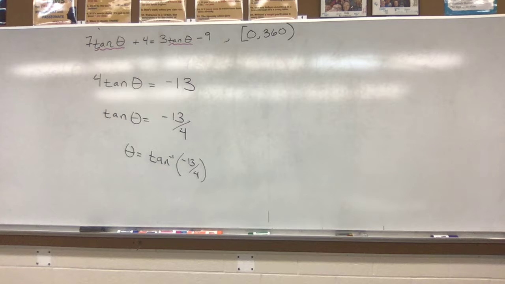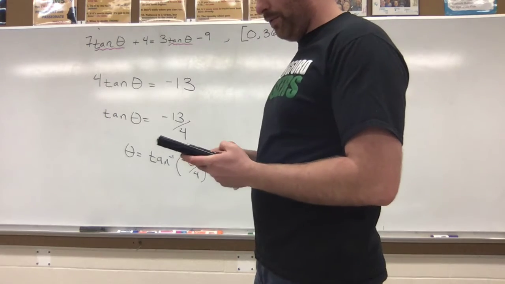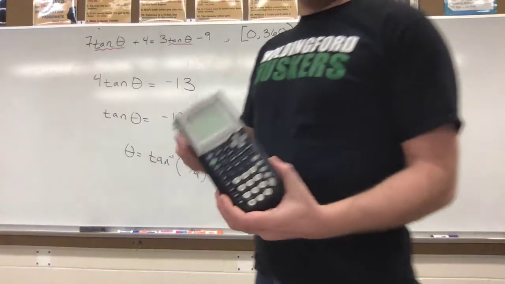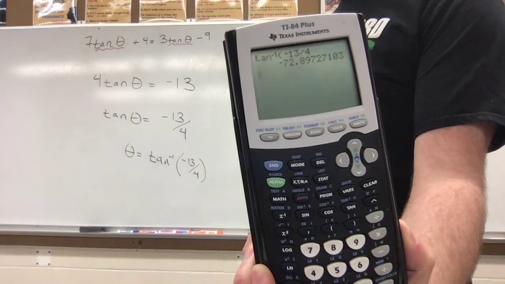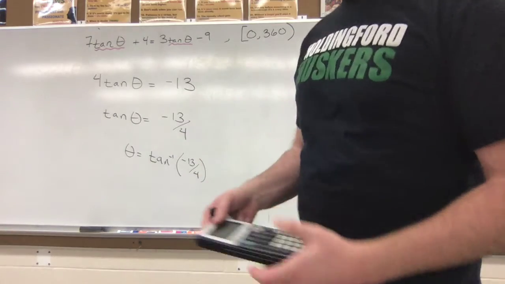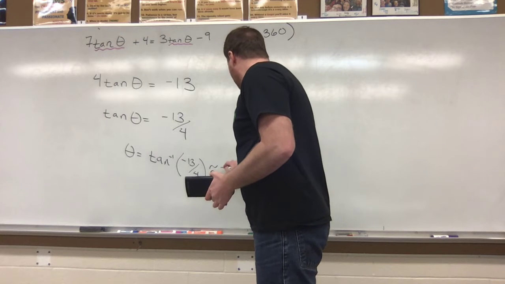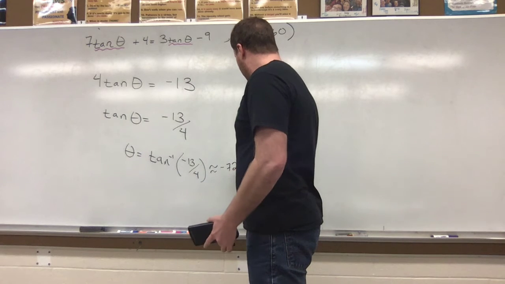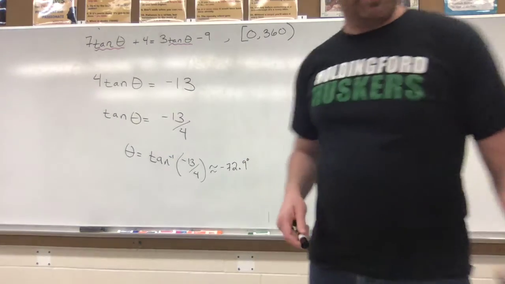All right, so let's see. If we do tangent inverse of negative 13 over 4, and I just typed that right in my calculator, we get negative 72.897, and so on. So I'm just going to round that to approximately negative 72.9 degrees, right? That's where we're going to put that one for now.